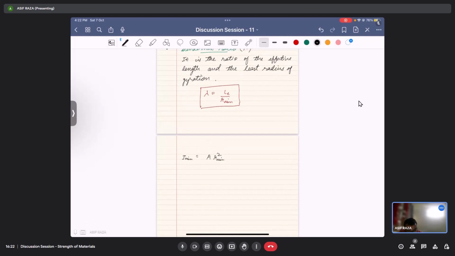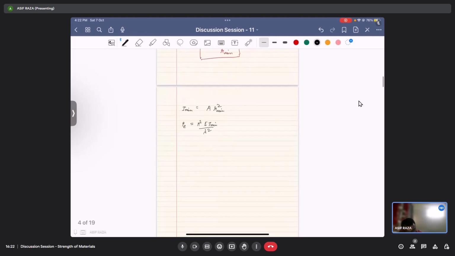Now I can write PE as pi square E A R minimum square upon LE square, sorry, it was LE square here.